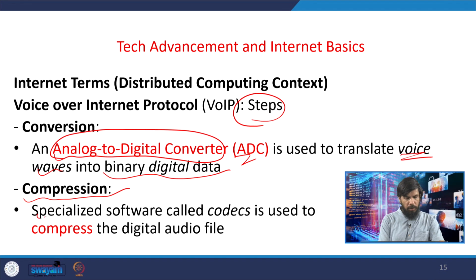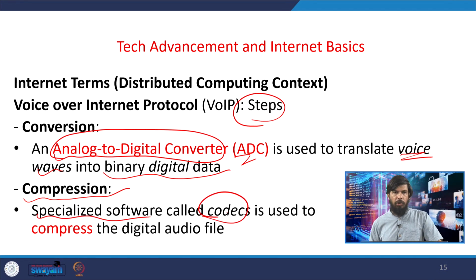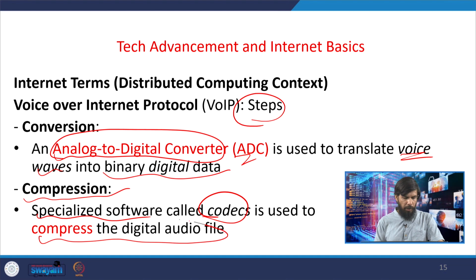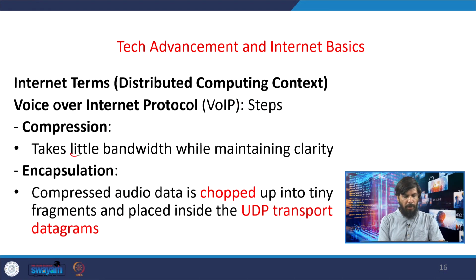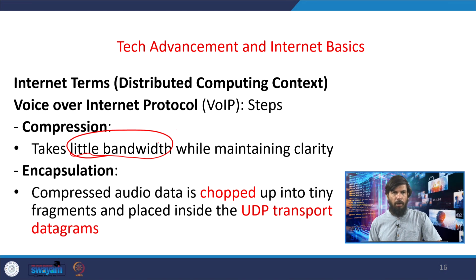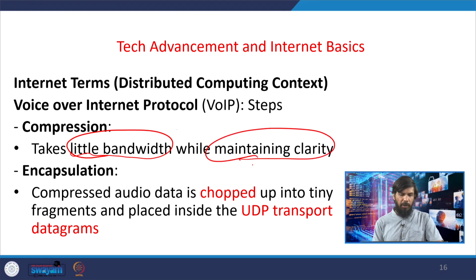Specialized software called codecs are known to compress the audio data. They compress the digital audio file, therefore less data transmission is required, and faster delivery will happen. Compression is the next step. Because compression has happened, little bandwidth will be needed. That means a VoIP call might work even on a low bandwidth connection, right. So, sufficient clarity can be there even with a low bandwidth connection.